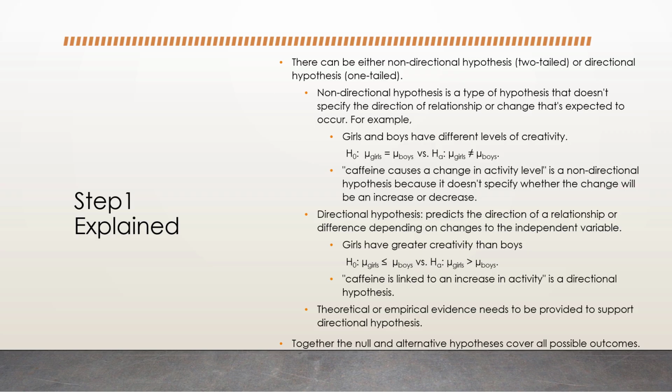In hypothesis testing, we also need to know the differences between directional versus non-directional hypotheses. The null hypothesis can be tested in 2 ways, as a non-directional, aka two-tailed, or a directional, aka one-tailed test.